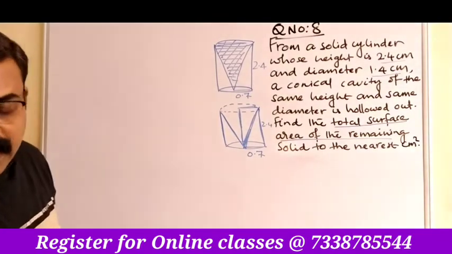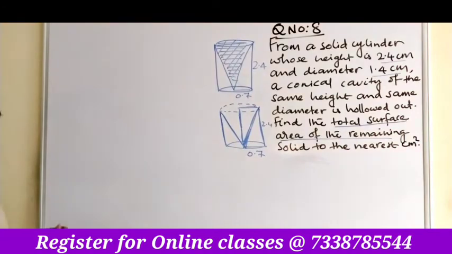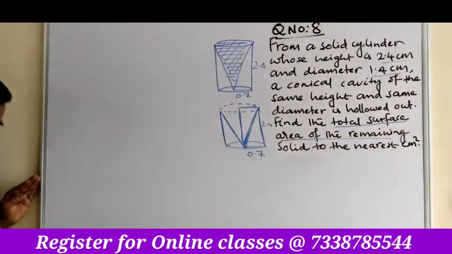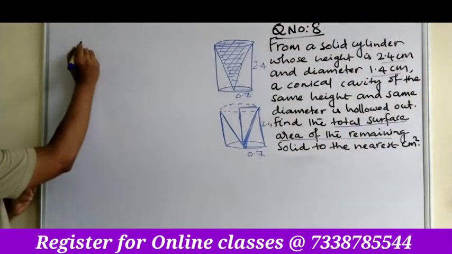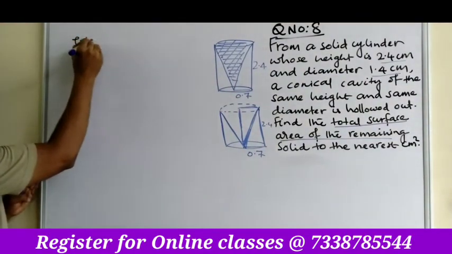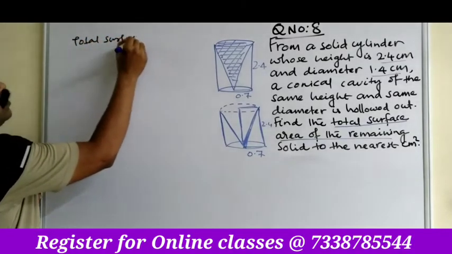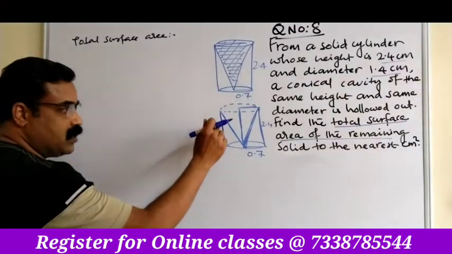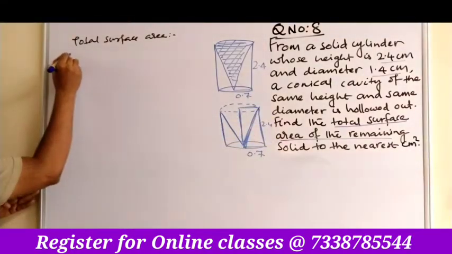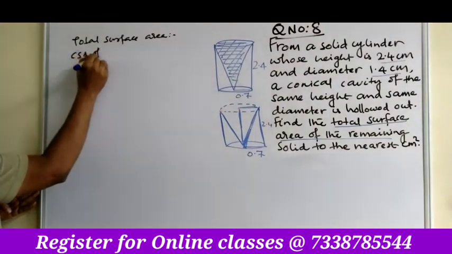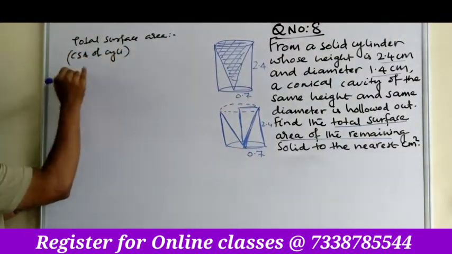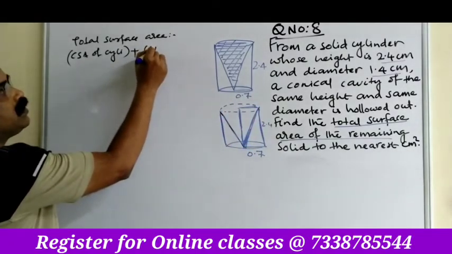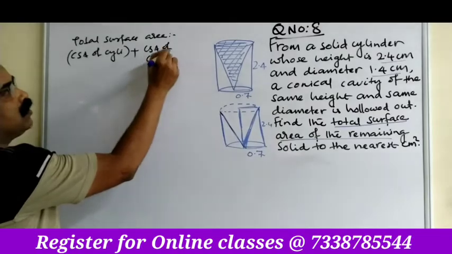What we need to find out actually. So from this question we have to find the total surface area of the remaining solid. So when we talk about the total surface area of the remaining solid, we need to find the CSA of the cylinder plus the CSA of this cone.